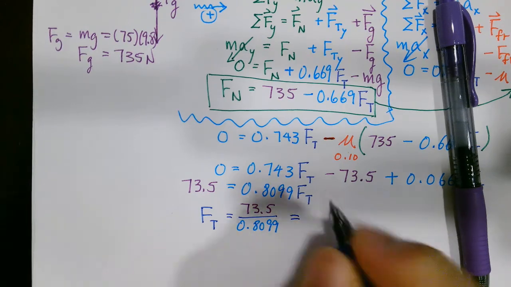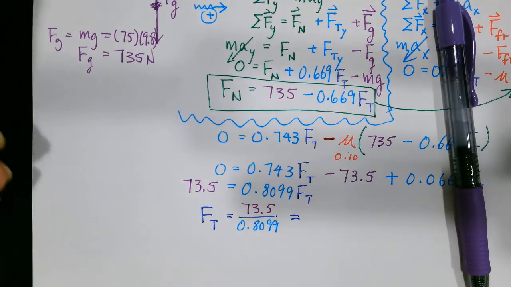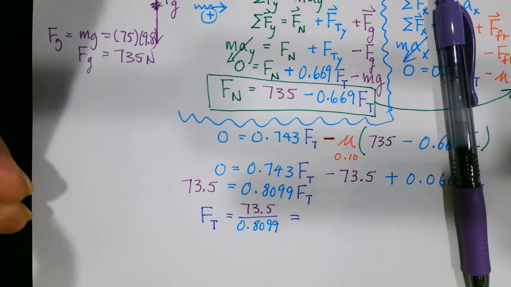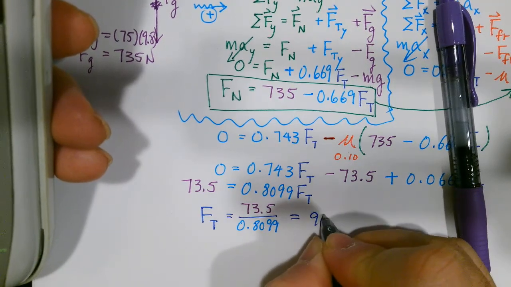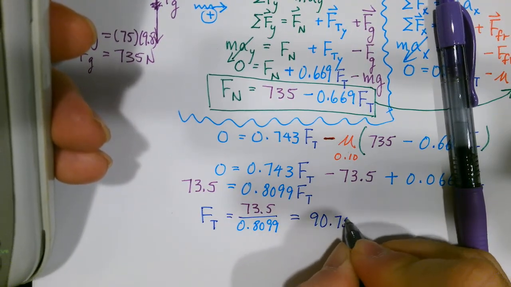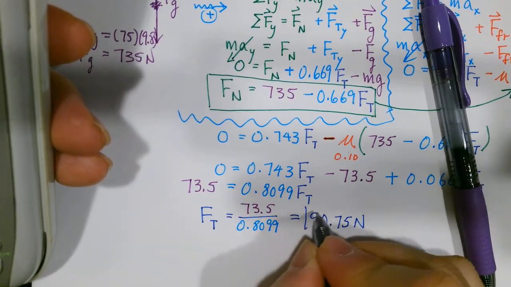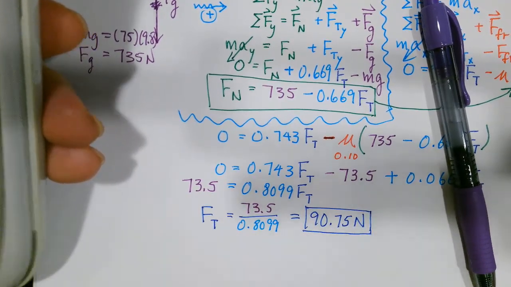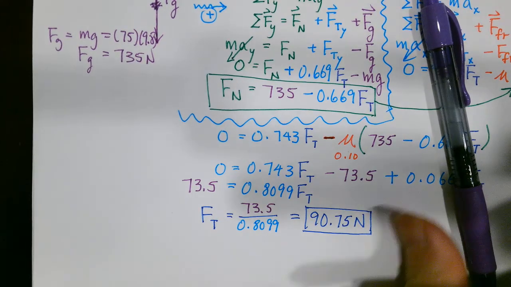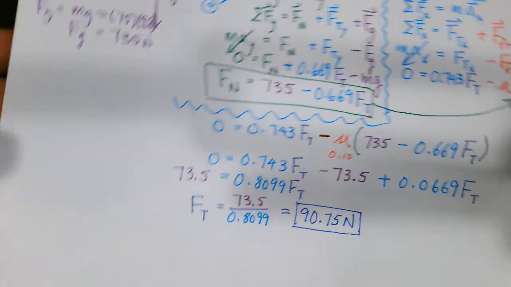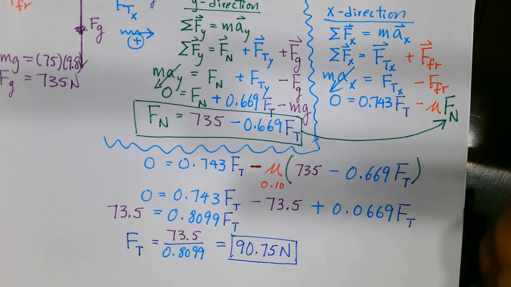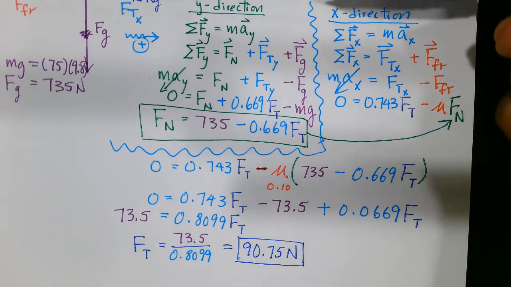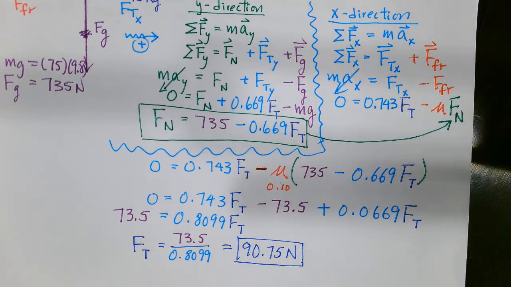So what is that? 73.5 divided by 0.8099, I get 90.75 newtons as my F tension. All right. So I know it looks intimidating at first when you look at the whole thing at one shot, but if you follow exactly how I did it, step by step by step, it should not be as intimidating.